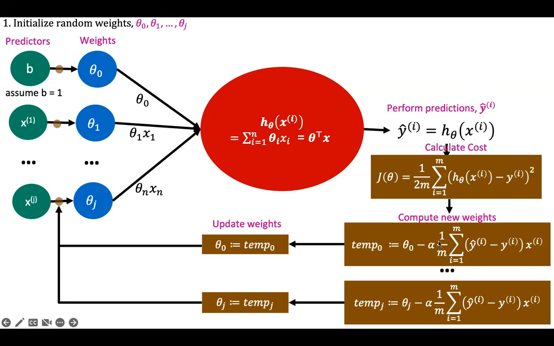We can then rewrite it as theta minus alpha, the learning rate, times 1 over m times the dot product of error transpose and x. I hope that will help you in your implementation. Again, after computing the weights, we simultaneously update them, and that will be the new value of weights, and repeat until we reach some convergence or the number of iterations that we have set.